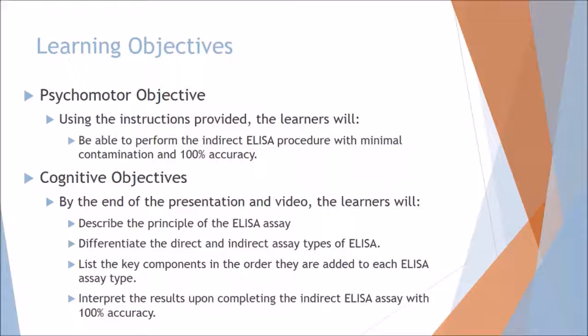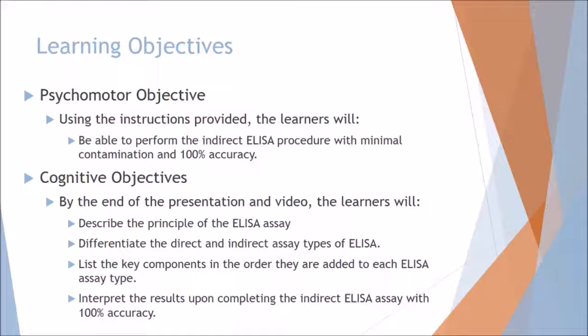Learning objectives for this lesson. Upon being given a protocol or instructions, the learners will be able to perform an indirect ELISA assay without much contamination and having 100% accuracy.